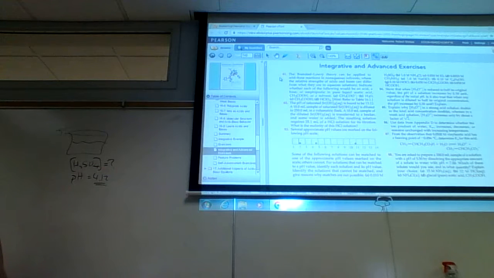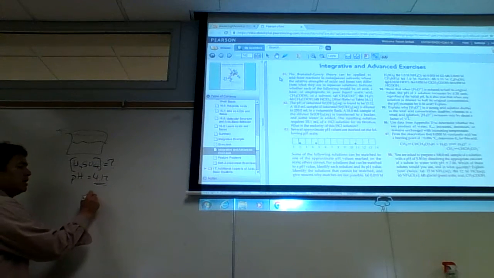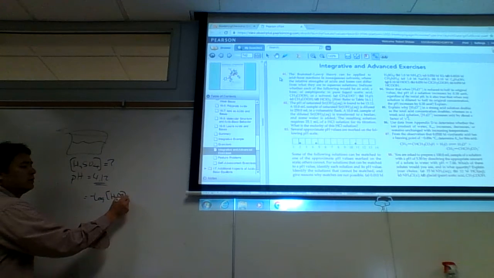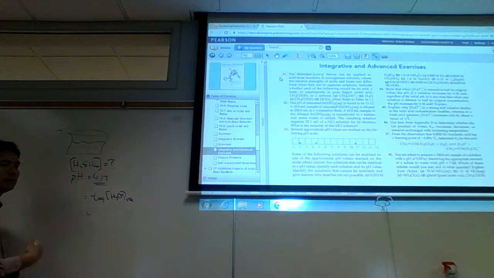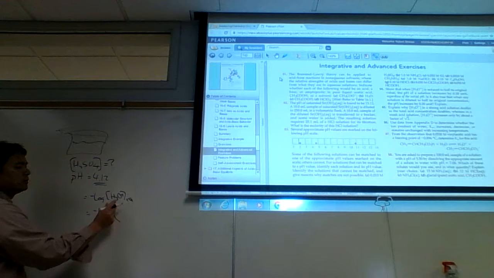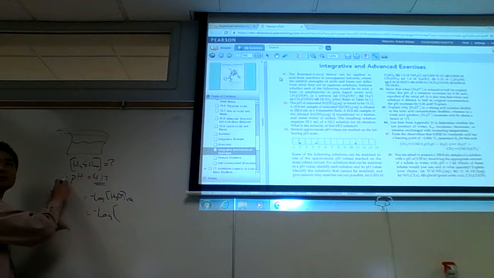This is the same type of analysis that we do, because the pH is equal to the negative log of the total hydronium ion concentration at equilibrium. We've been talking about this over and over again. What are the hydronium ion contributors to an H2SO4 solution?